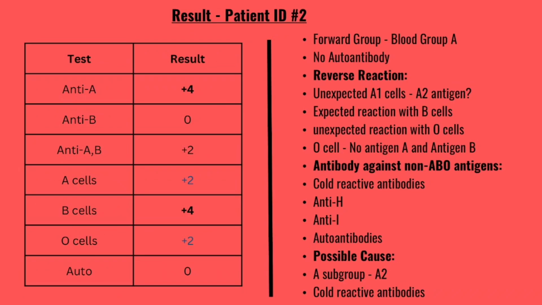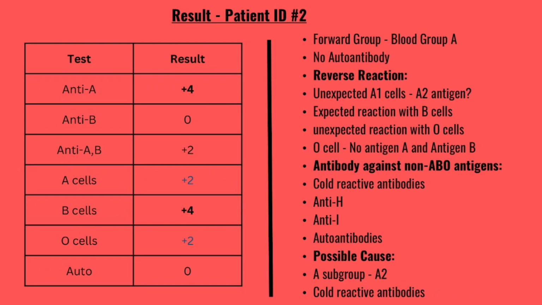Most of these antibodies, like cold reactive antibodies, are mostly weakly expressed, and that could be an explanation of why we are getting a reaction on A cells and O cells. So that could be due to cold reactive antibodies, maybe anti-H or anti-I. Like I've said, it could have been an auto-antibody, but because this patient's auto is negative, the chances are it is not.